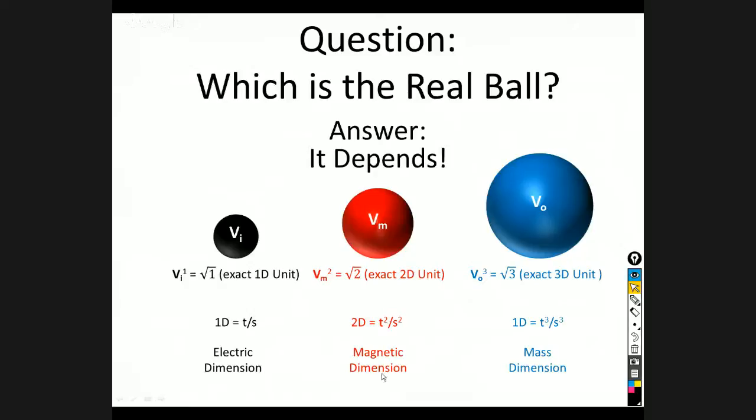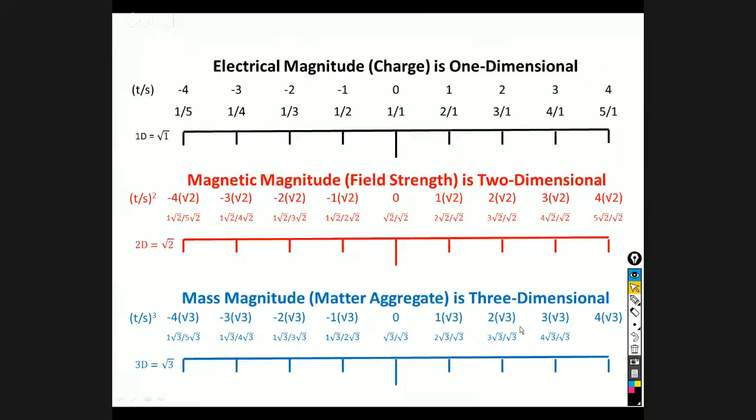So we could use that for our magnetic calculations, the square of T over S, of energy over time over space, which is the dimensions of energy. And then this is wrong. This should say 3D. Oops.